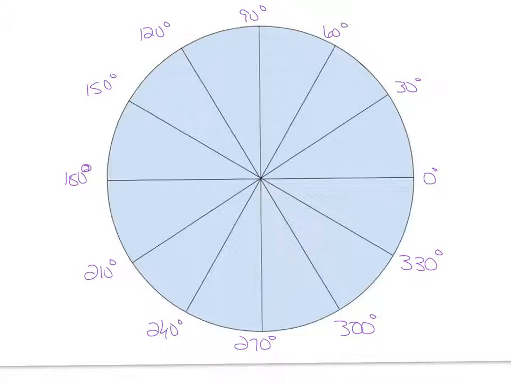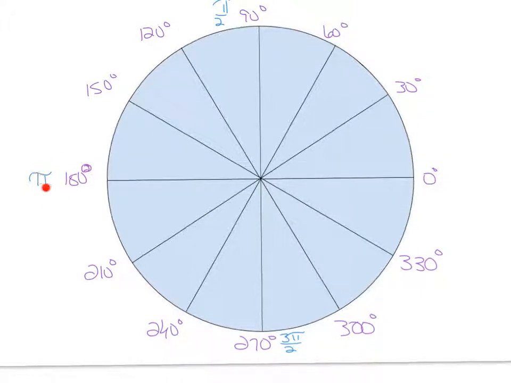We already know that 90 is pi over 2. We know this is pi. We know this is 3 pi over 2, and we know 360 degrees is 2 pi, okay? What about the 30 degrees and 60 degrees? Well, you have a couple of ways to do it. Here's one way.